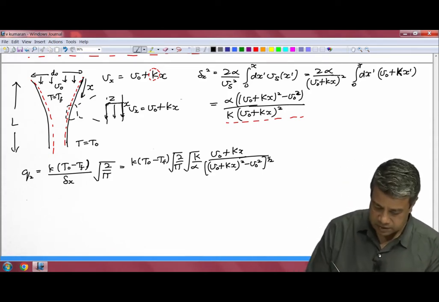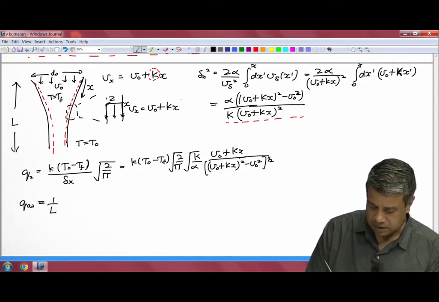The average flux Q average is equal to 1 by L integral 0 to L dx times Qz, which is a function of x.